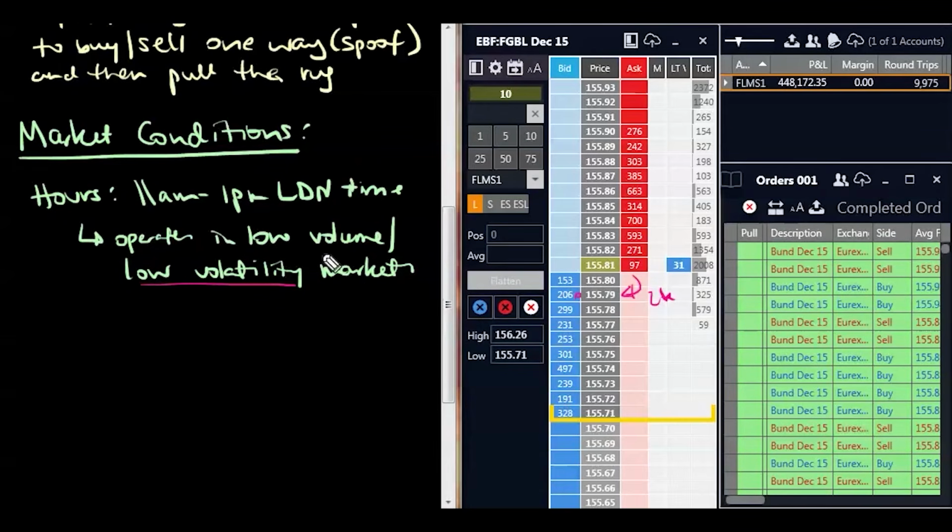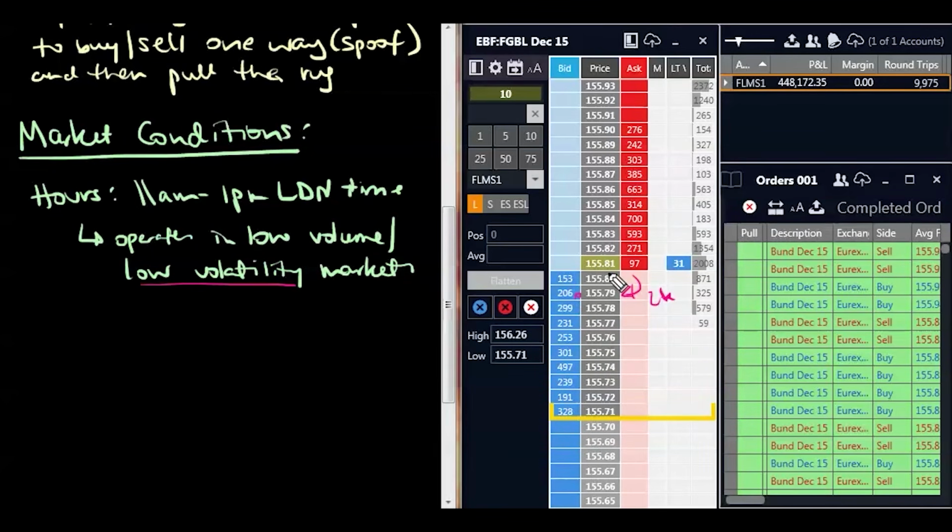When I say low volume, it doesn't necessarily mean it's going to be zero volume. He needs liquidity to get in and out of the market. So he needs liquidity, but when he puts in the large bids or offers, he's expecting other algorithms, or if it's discretionary, traders, to come in and actually provide more liquidity. So he does need liquidity, but it's not in a very high volume, high volatility type market.